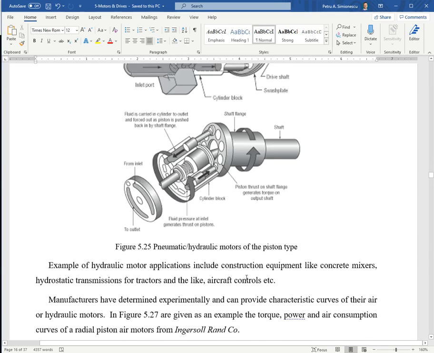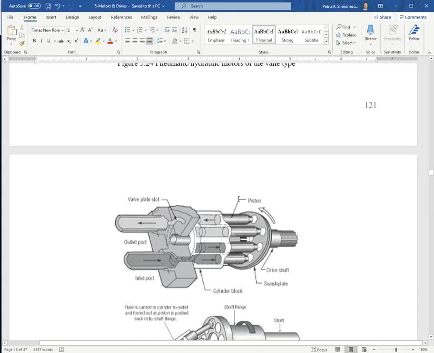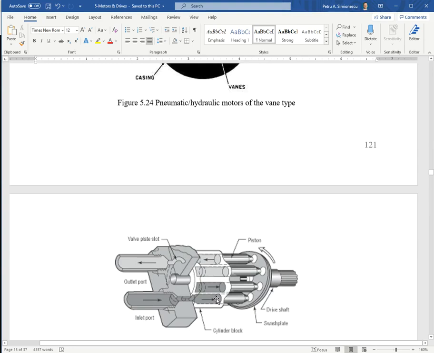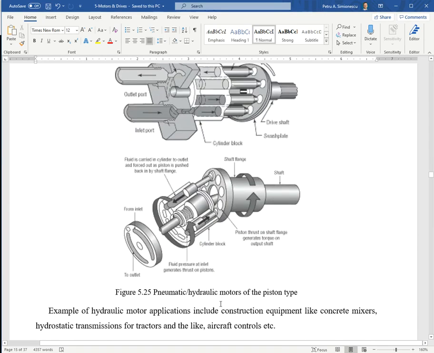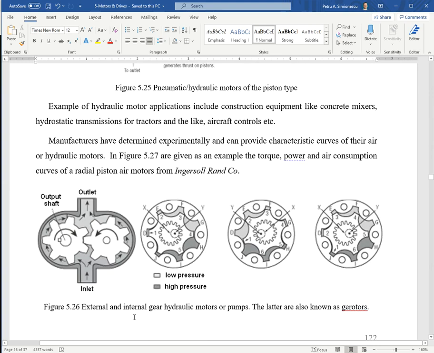Designs like these, you can see with pumps as well, so they could be operated as pumps as well as motors. Other designs of hydraulic motors are of the gear type.